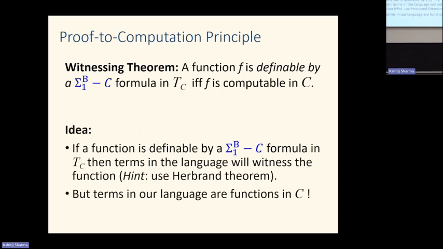So the witnessing theorem, or as I call it here, the proof to computation principle, is the following: a function f is definable by some set of formulas in the language of C, which I call Sigma^B_1, in TC, if and only if f is computable in C.